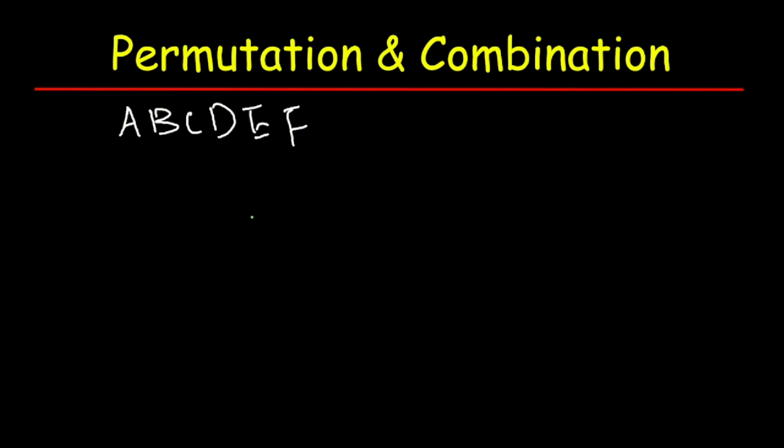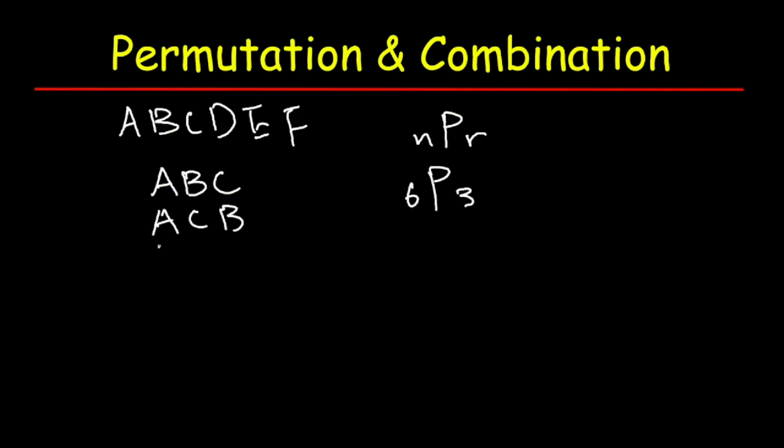So the way we do this is we can first write nPr, or in this case, it would be 6P3. Then we want to get rid of the duplicates. Let's say that the 3 people that qualify are A, B, C. Well, there are a few ways that they can finish in top 3, particularly ABC, ACB, BAC, BCA, CAB, and CBA.